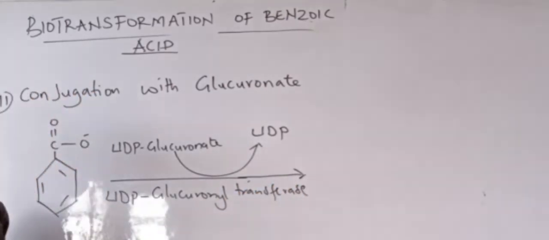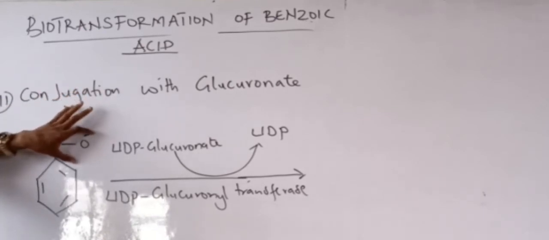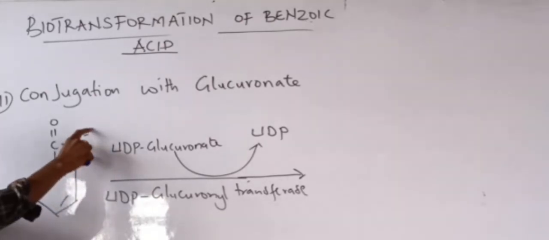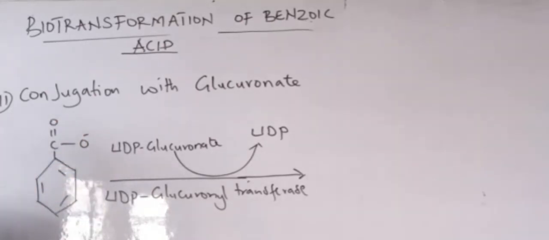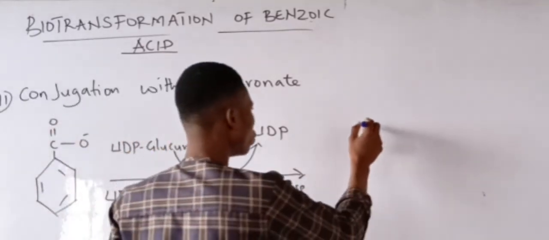And always note, as a cheat, this is always the point of attachment to anything you are conjugating in benzoic acid. Remember, when we started with glycine, we attached it here. First it was activated, is it not? Now in this case, if glucuronate is coming in, what we do is this.